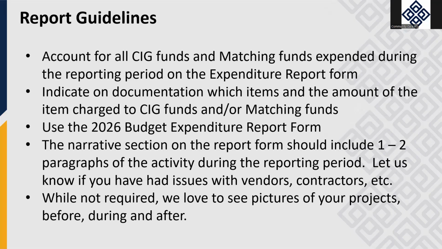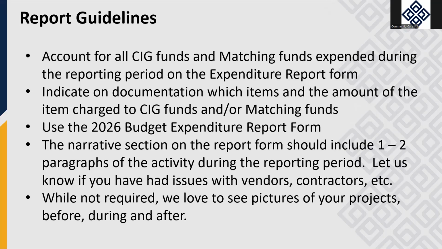Here are some guidelines to help you as you're working on your report. You will account for all SIG funds and matching funds that have been expended during the reporting period on the expenditure report form. Indicate on the documentation which items and the amount of the items were charged to SIG and/or matching funds.